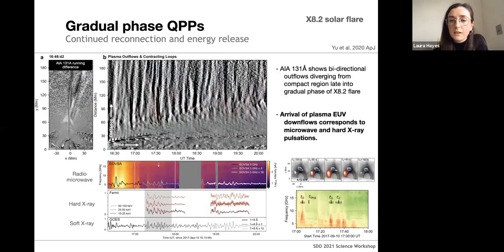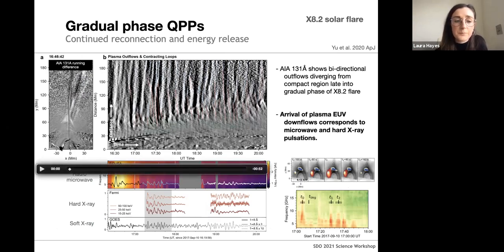Building on this is some really nice work that was done by CJU at NGIT, where they looked at microwave and hard X-ray pulsations and were able to relate them to bidirectional outflows that were identified in AIA. This is looking at 131, and this is a running difference movie. If we look at the time distance plot, they were able to determine bidirectional outflows in the reconnection region, which is quite low down in the solar corona.